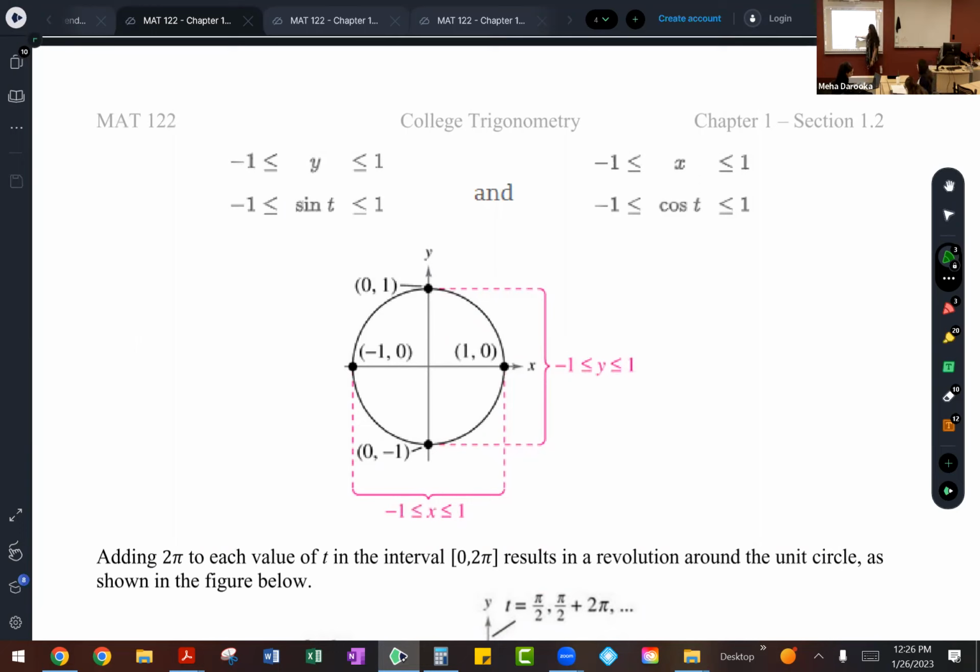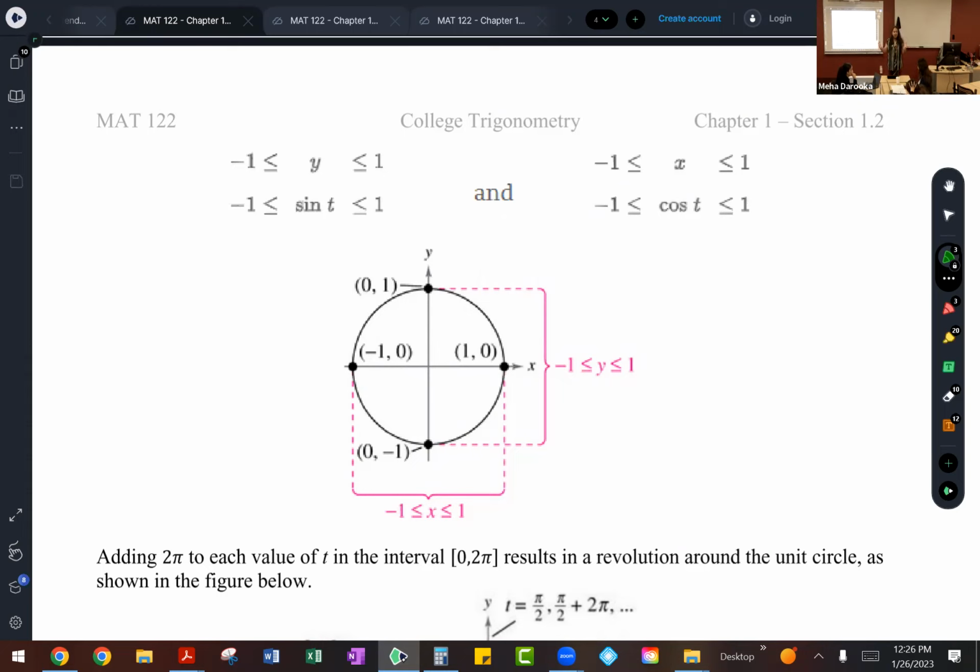Remember, your sine function gives the y values. So we're saying the maximum and minimum values you're going to get for y are either +1 or -1. For the cosine function, which represents the x value, we're saying the same thing on the x-axis: your maximum and minimum will be +1 or -1. As far as the t goes, that's your domain.